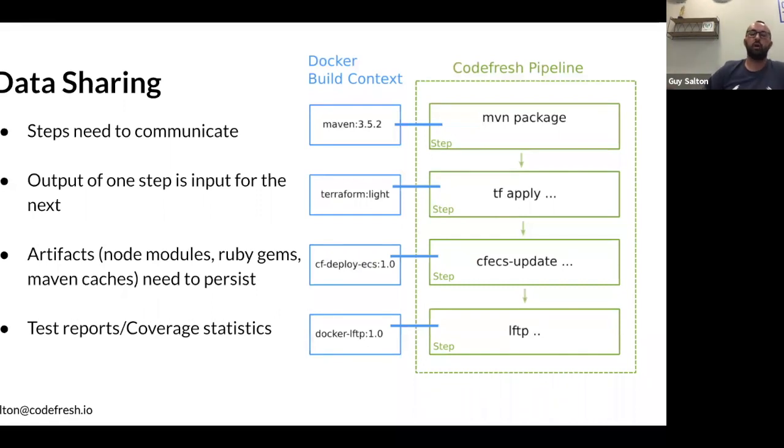Or you want to run some tests in one step, then you want to take the test artifact and push them somewhere else to present a report, right? So you'd have to share data between these steps. So the output of one step will be the input of the next step. How would we do that?